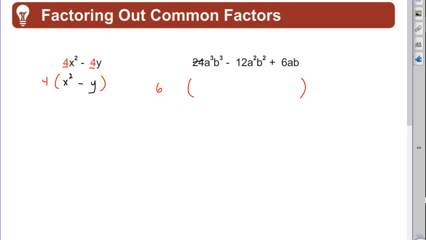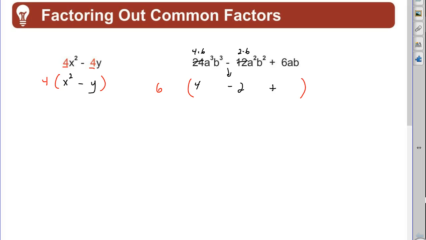So a 24 is a 4 times 6. So I took the 6 out and there's a 4 left. Still have this negative sign, right? The 12 is a 2 times 6. I took the 6 out, so I have the 2 left. And the 6, I took all the 6 out, and so I could put a 1 there if I want, or just leave it. Okay, so I got a 6 out.